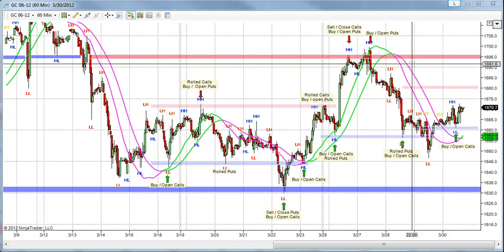So the value in the subscription is knowing where these levels are and what we're going to do at those levels. Now, if you see something in this presentation that you'd like to expand on, what I ask of new subscribers is that you watch for a month and harvest your questions after a month's time, because typically throughout the month we'll answer most of them as time goes on.